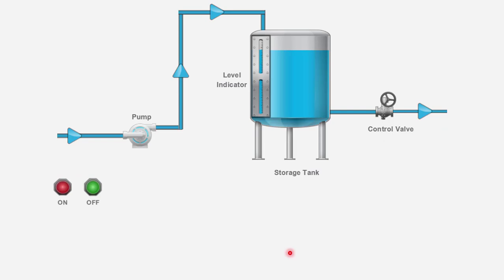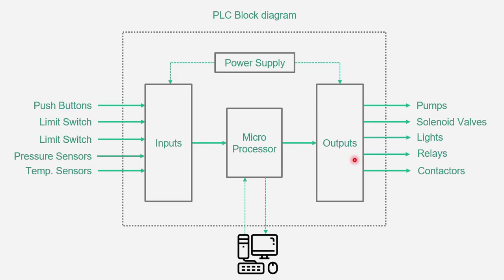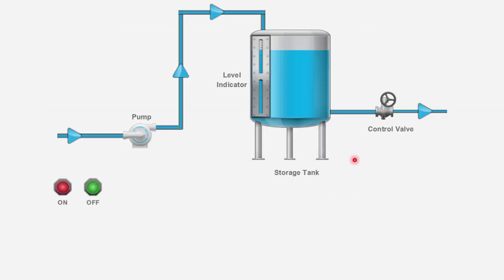If you see here, we have a pump. To start the pump we have two push buttons, on and off, and we have one storage tank which has a level indicator, and we have one control valve. As per our PLC block diagram, we will find the inputs and outputs from this diagram.